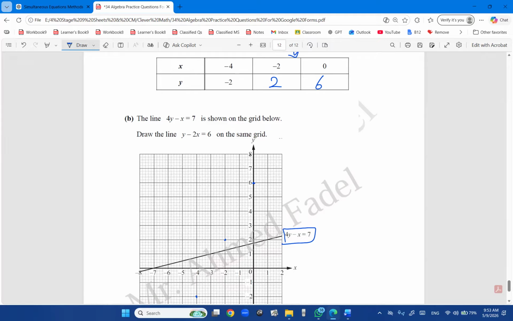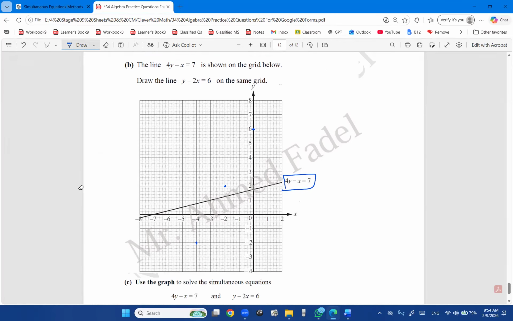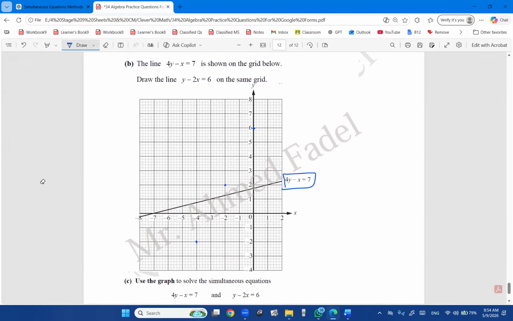Then all you need to do is just connect them this way. Here you go. Connect them accurately. Done. All right. Then after that, you will notice that the two lines intersected.